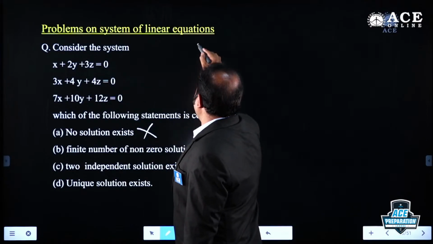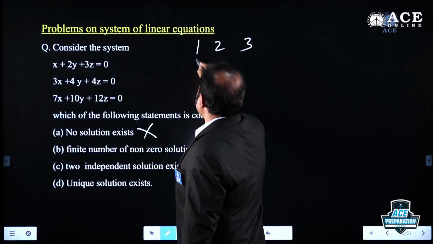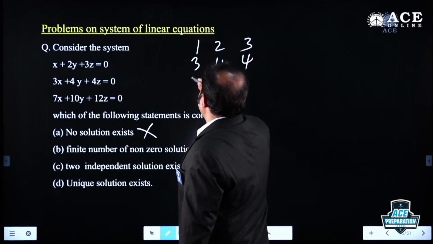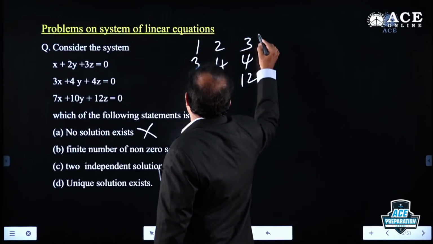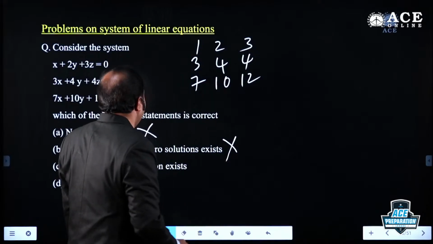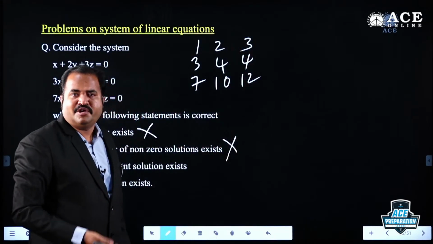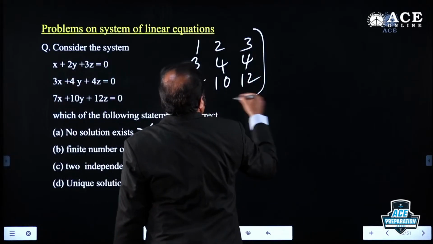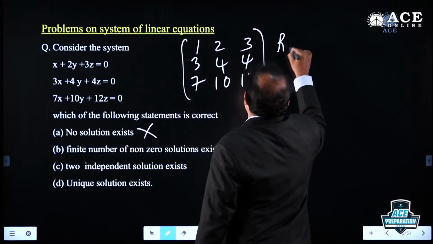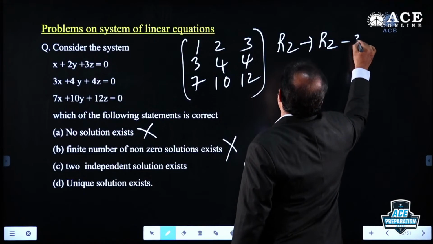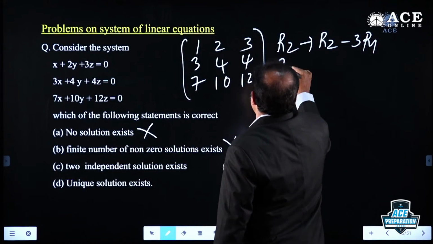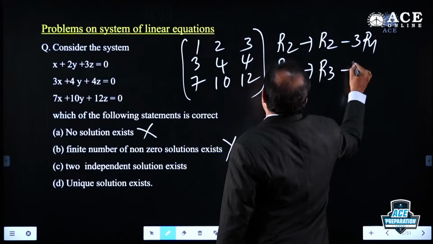So very simple. Look at the matrix: 1, 2, 3; 3, 4, 4; 7, 10, 12. We can find the determinant of this matrix, or we can reduce it into echelon form. Any one we can. So for example, R2 changes to R2 minus 3R1, and R3 changes to R3 minus 7 times R1.